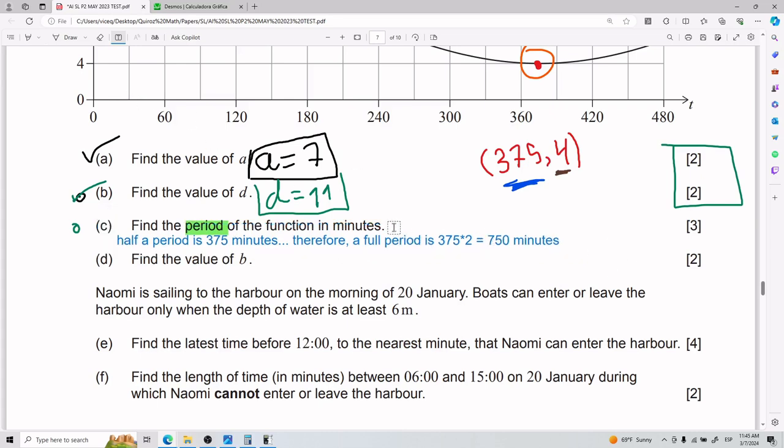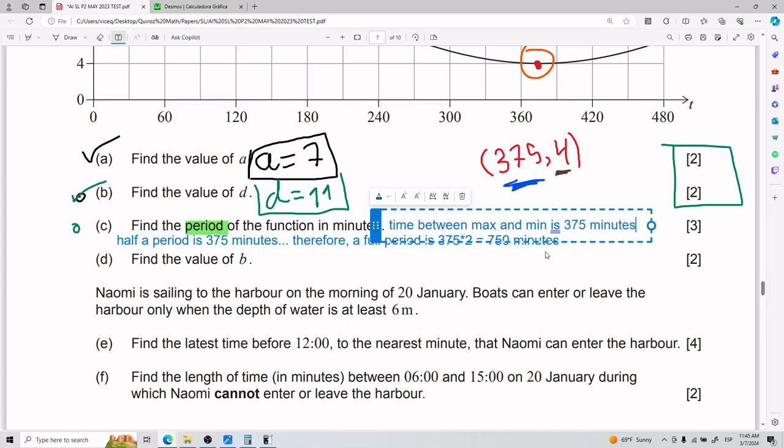If you want to be really, really technical about it, you would first put time between max and min is 375 minutes, right? That way you make sure you get full credit. You want to make sure you say extra stuff in exercises that have 3 points, okay? Usually when they have 2 or more, you have what's called method points, which is like proving that you know what you're doing, basically.